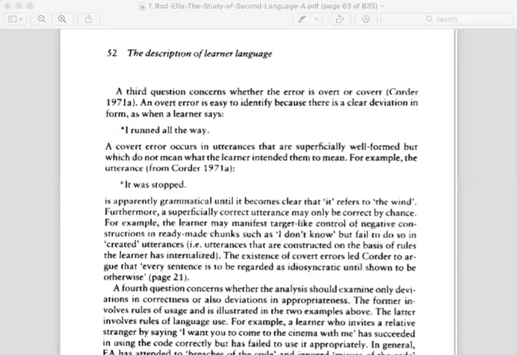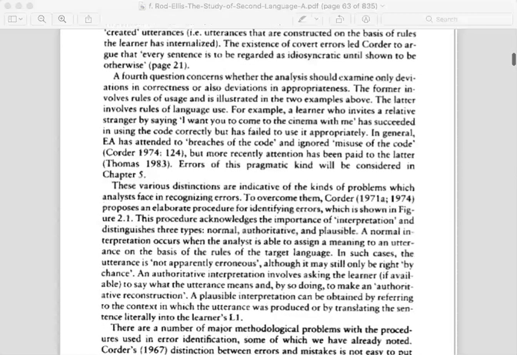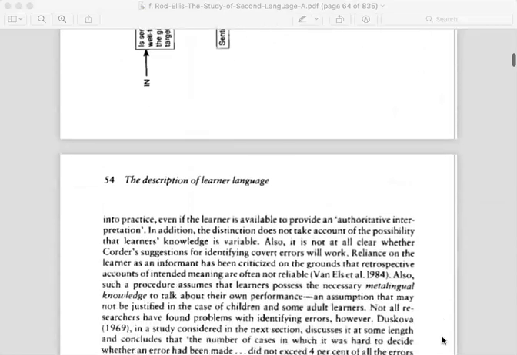Right? So coming to the third step in error analysis research, after collection of a sample of learners' language and identification of errors, we are coming to the description of errors.